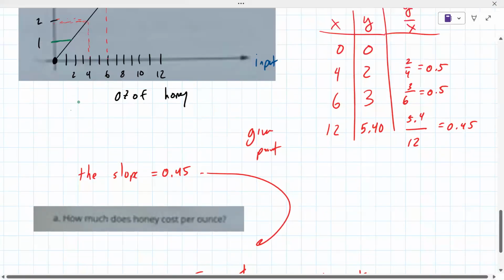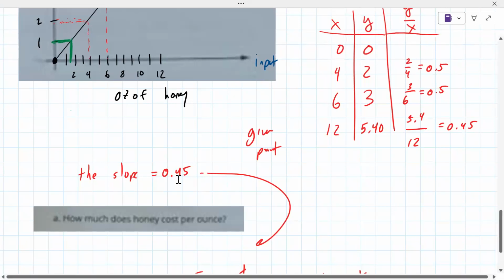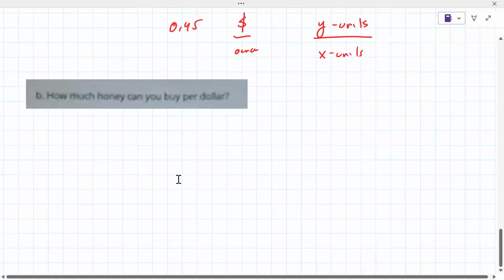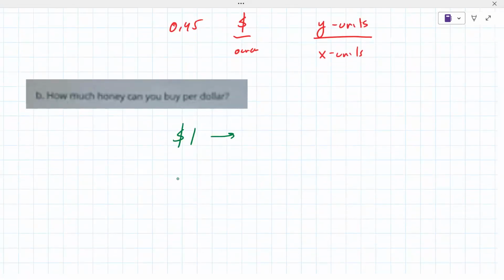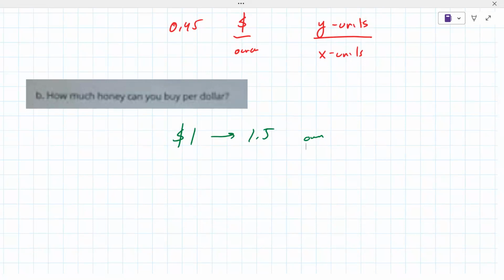If you have $1, you hit the graph, and you can see that you can buy somewhere between 1 and 2 ounces, maybe 1.5 ounces. There is a better way to do this, but we just don't have time for that. I do have a lesson coming up, so we have to stop here for today.